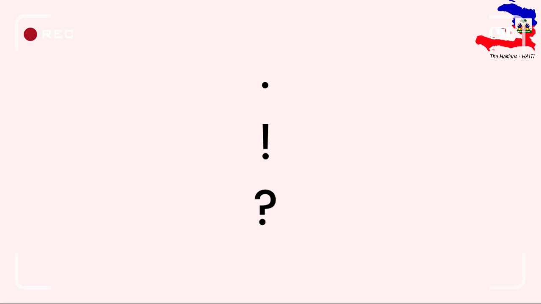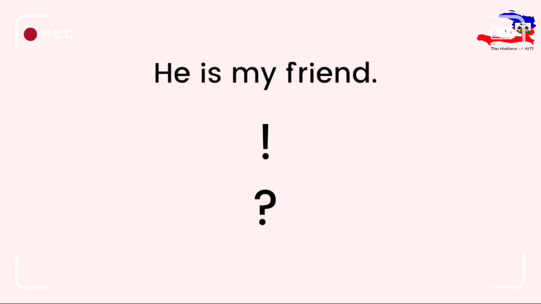Here are 3 punctuation marks: a period, an exclamation point, and a question mark. A period is used at the end of most sentences. It is used to show that a sentence is a statement. For example, this is a statement. He is my friend. We use a period at the end of this sentence because it is a statement.